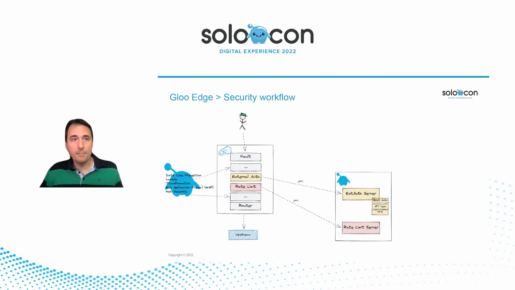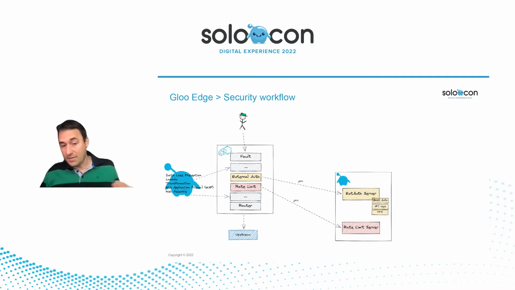Gloo Edge comes with different filters that provide different features, and these features, as you are already aware, are transformation, web application firewall, DLP, connection with lambdas, and this kind of thing. But there are two features, the rate limit and the external auth, that also need an additional server, and this server is provided by Gloo.